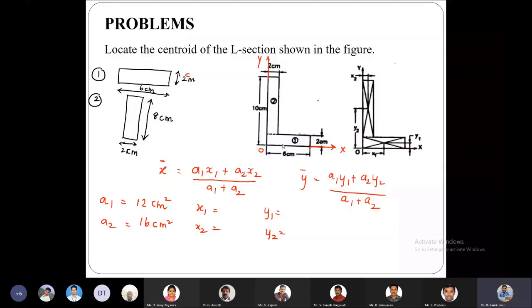And similarly for y bar, we have rho 1 V1 y1, etc., up to rho n Vn yn, everything divided by rho 1 V1, etc., up to rho n Vn.